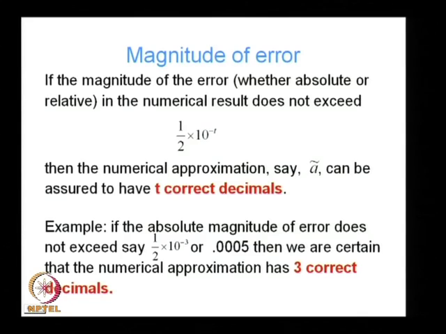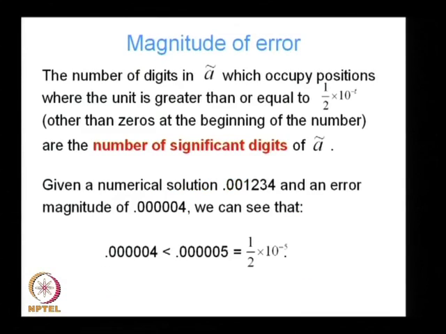This is evident because the error is only appearing in the 4th decimal place and the magnitude of the error is less than 0.0005. So, the first 3 decimals in A tilde, in the numerical approximation, must be correct. So, the number has 3 correct decimals. Our numerical approximation has 3 correct decimals.